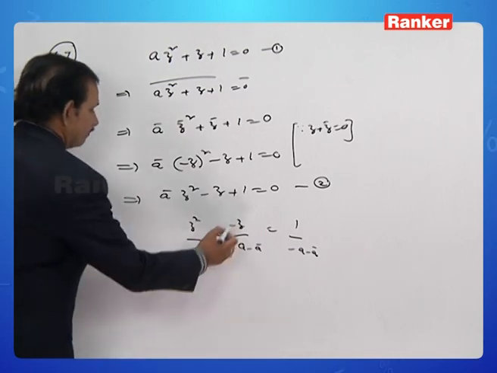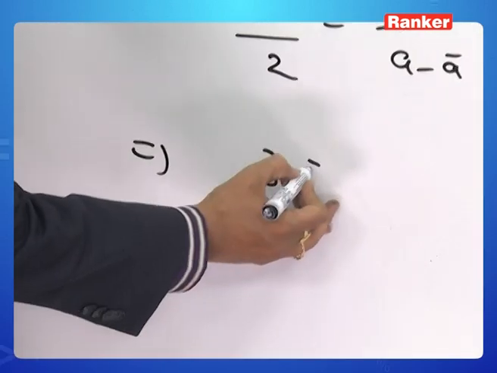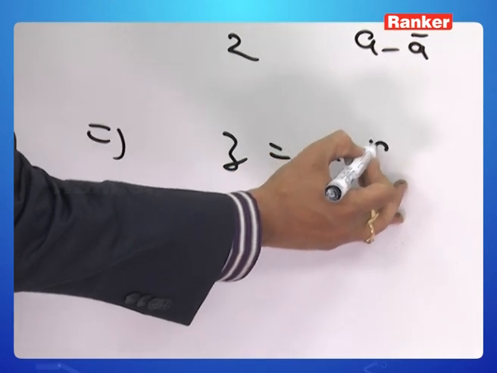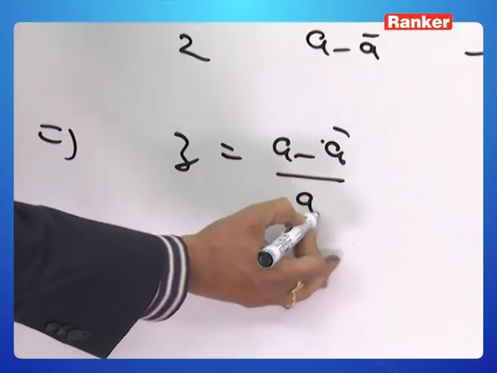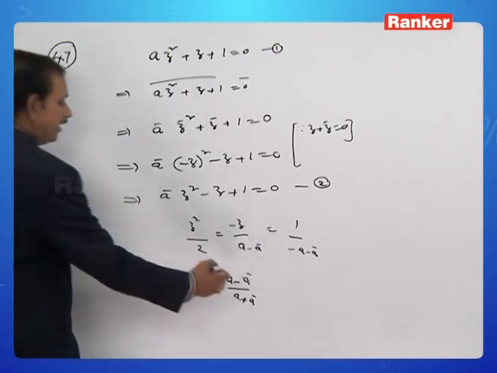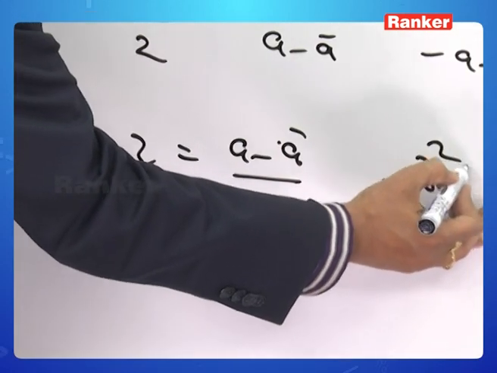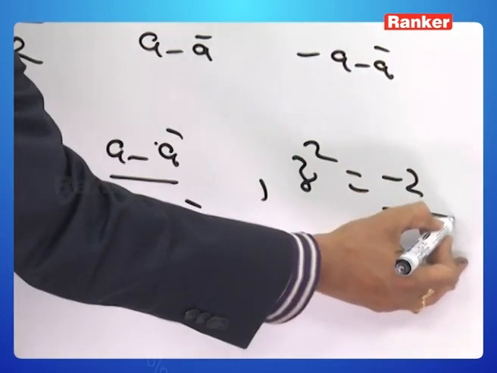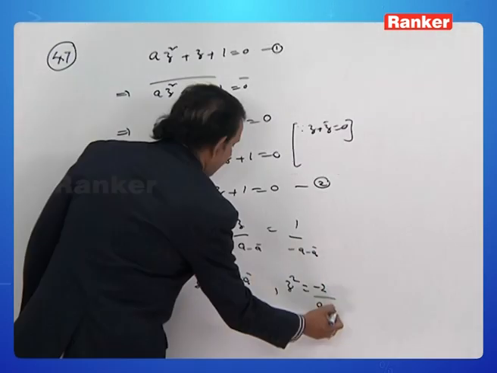Therefore, from this, z is equal to a minus a bar by a plus a bar, and z square is equal to minus 2 by a plus a bar. Am I correct?